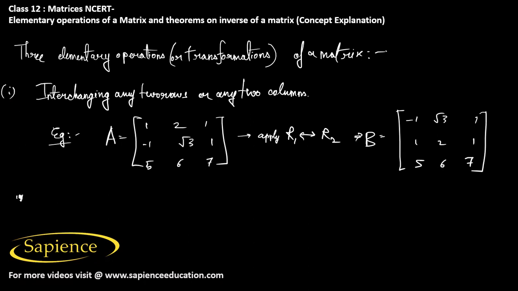Then the second elementary operation is the multiplication of the elements of any row or column by a non-zero real number.